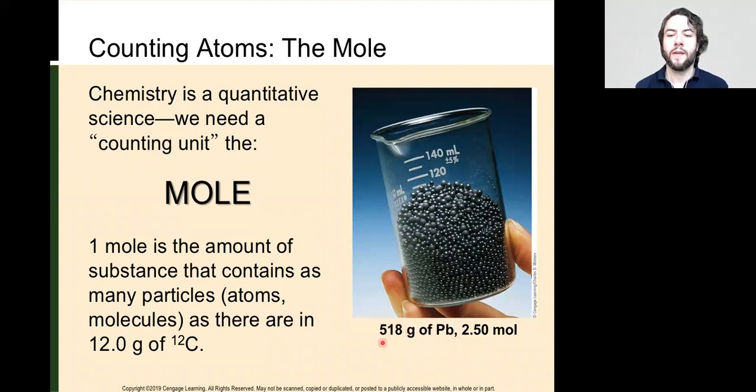This is 518 grams of lead, which is about 2.50 moles. This shows you how we can use the unit. So for example, this many grams can be expressed as this many moles. 2.5 moles, 3 moles, 4 moles, we can have many different numbers of moles. It just depends on how much mass of a substance we have.